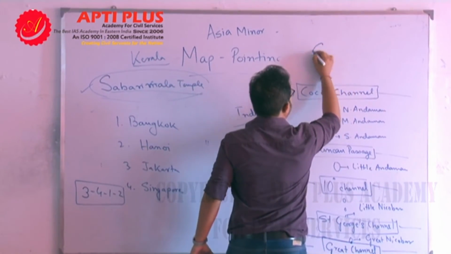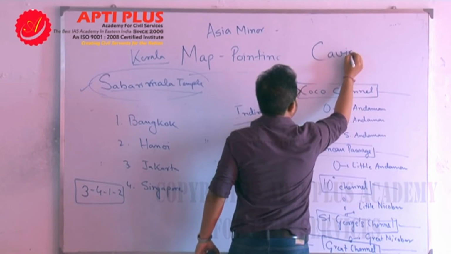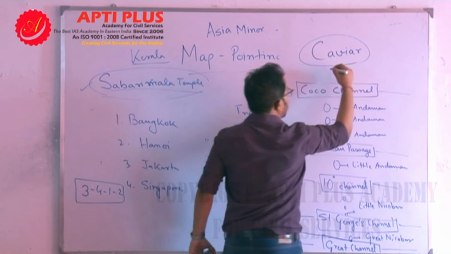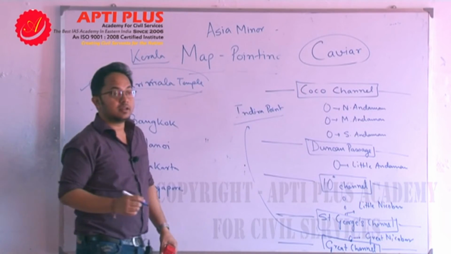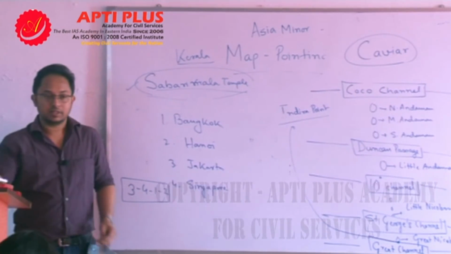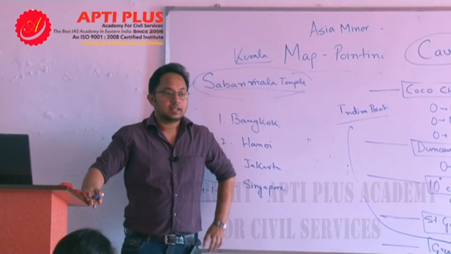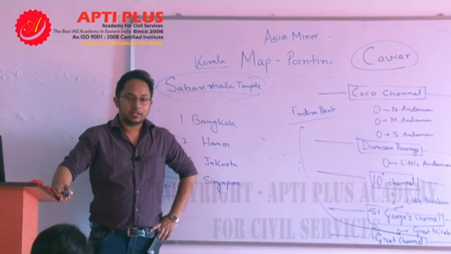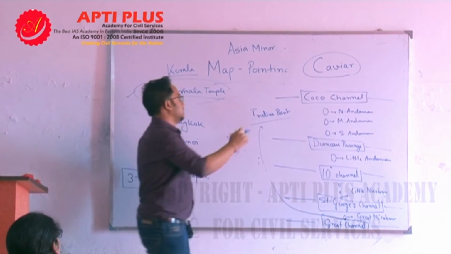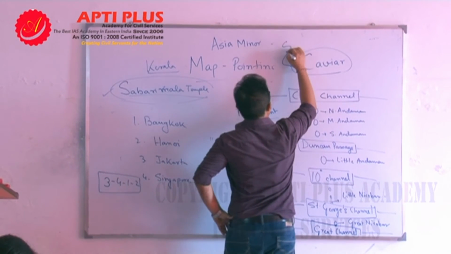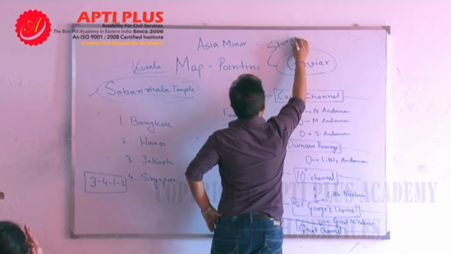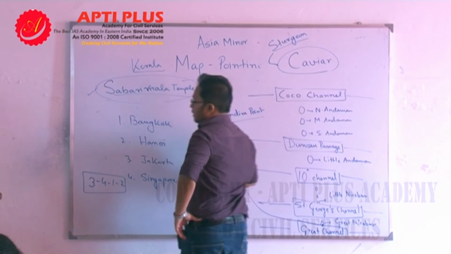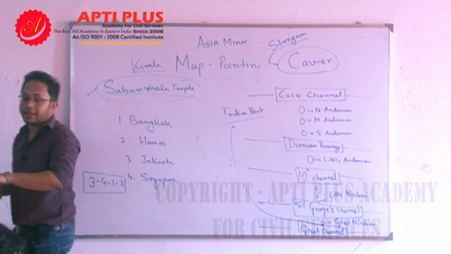Are you aware about caviar? What is this? No, it's not a fish. Yes, these are the eggs of a particular fish, which is called the sturgeon fish. And this particular fish is found in the Caspian Sea.